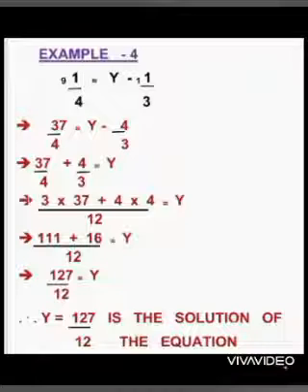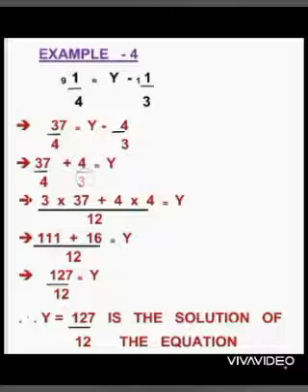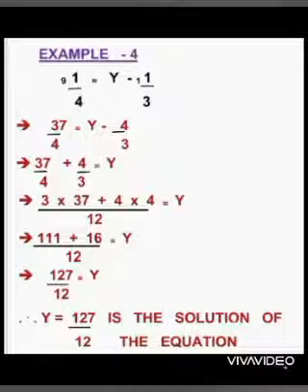Now let us transpose the constant minus 4 by 3 to the left hand side. Then minus 4 by 3 will become plus 4 by 3. So you have here 37 by 4 plus 4 by 3, which is equal to y. Now let us take LCM for the denominators on the left hand side.